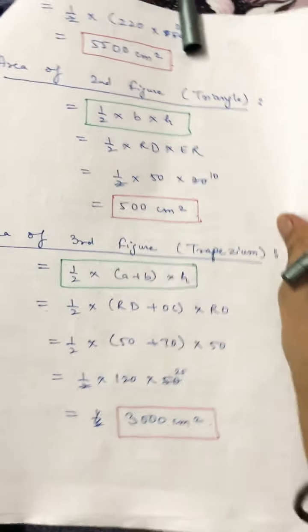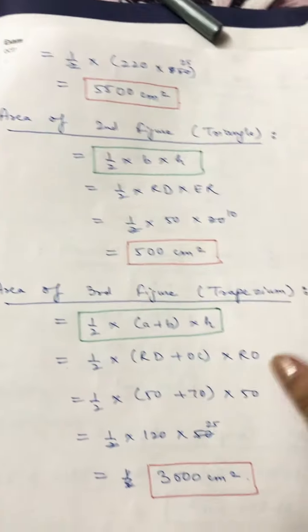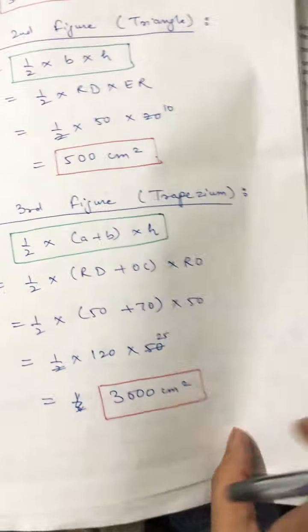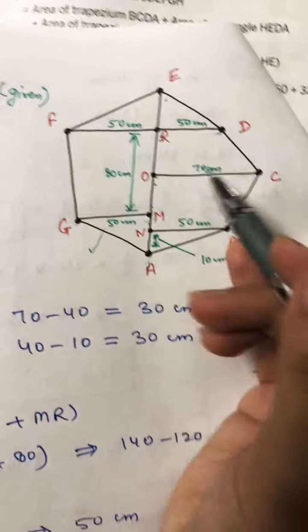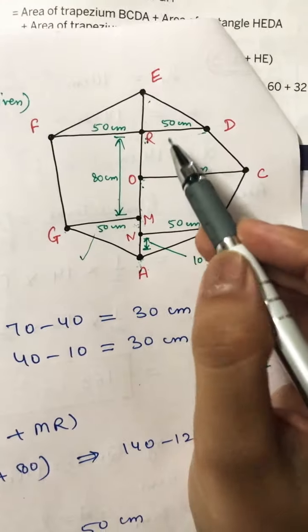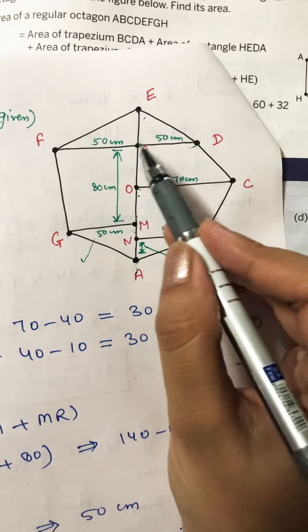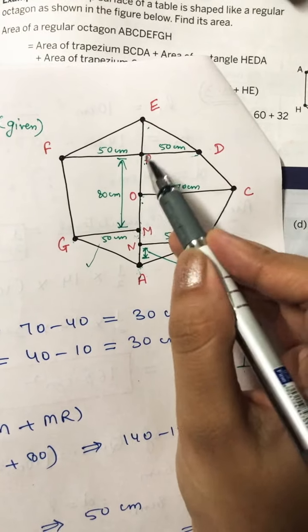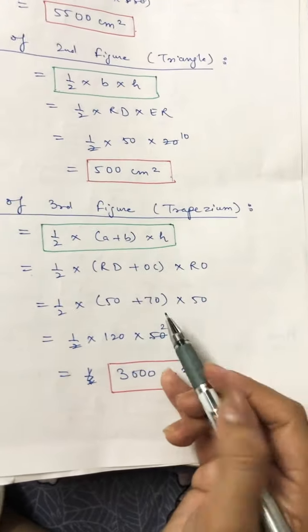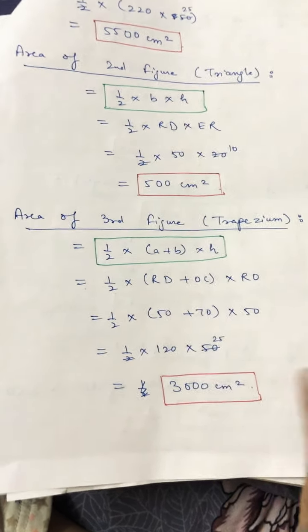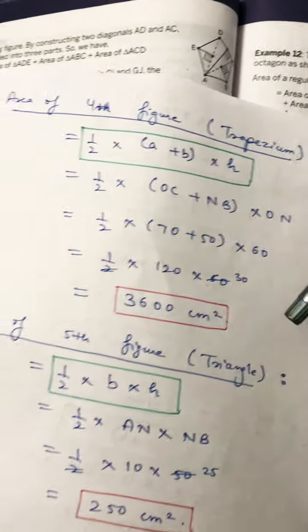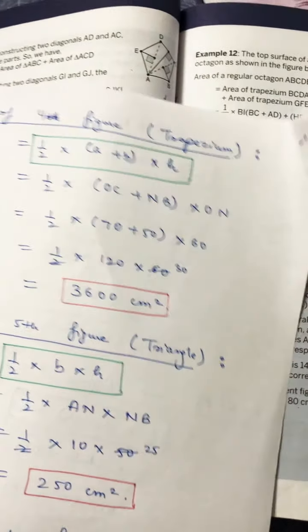Now next is the area of the third figure. The third figure is a trapezium, which is this one. The formula is half into A plus B into H. A you know, B you know, H also you have taken out. Put in the formula and take out the answer. Next is the fourth figure, that is a trapezium.